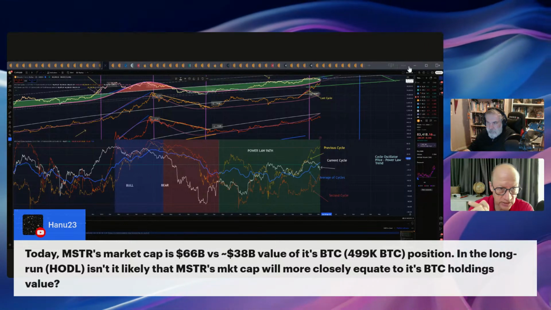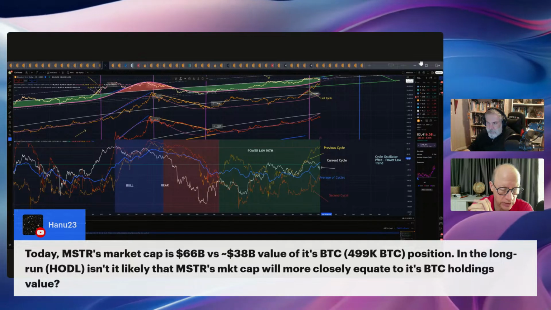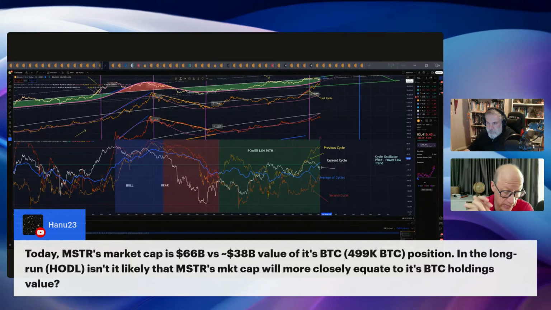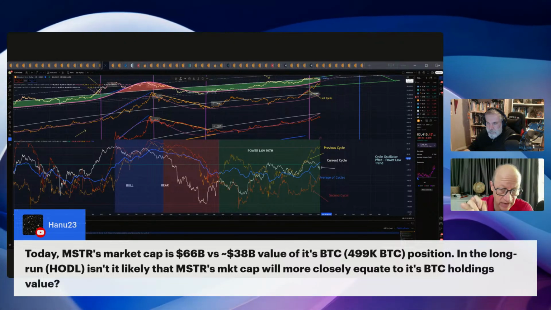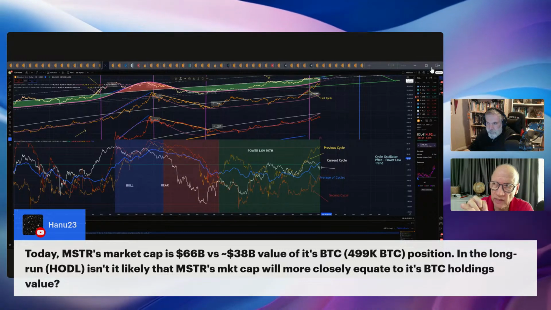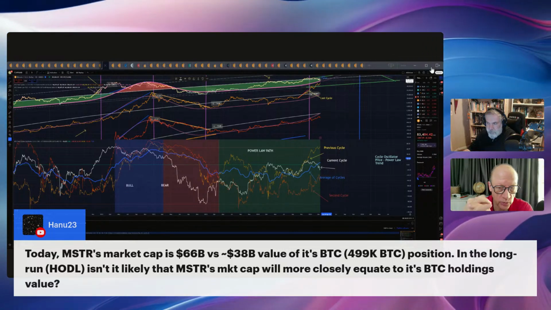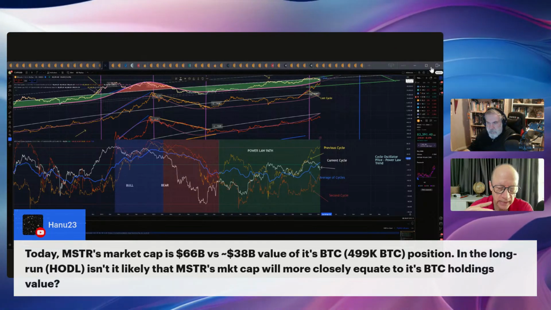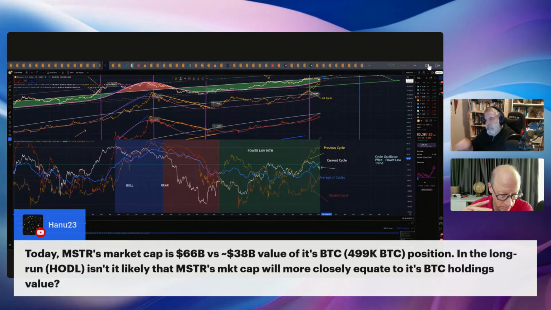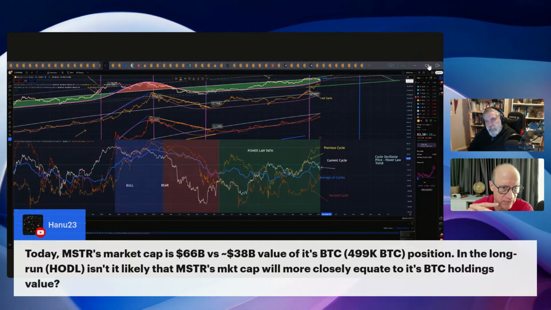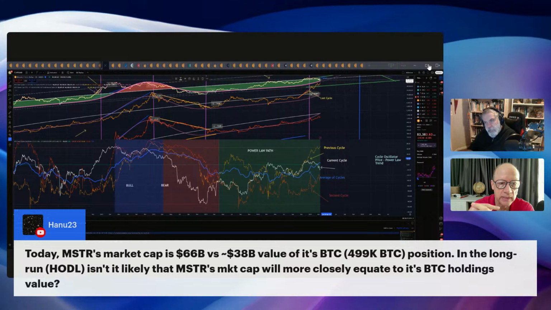Right now, it's 1.86. 2 is not unreasonable. There are some people who think it could go to, and it has been above 3. There are some people who think it could go to 5, based on extrapolations of market price, which I don't buy into. I don't think it goes hyperbolic. I don't think you get to a point where MicroStrategy is worth more than all Bitcoin if he only has 500,000 or even 1 million Bitcoin.